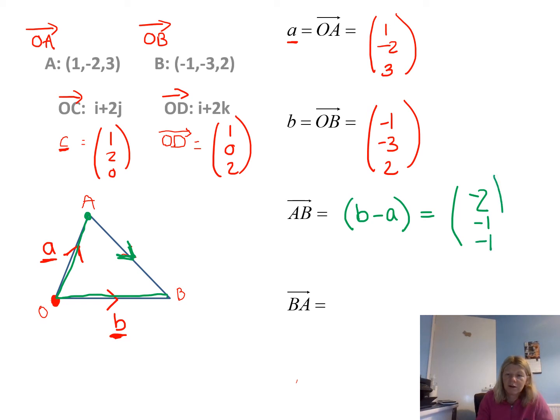Hope I've got that right. Or you might see it written as (-2, -1, -1), just another way of writing it. Or it could be written as minus 2i minus 1j minus k. Oops, sorry, I'll rub that out.